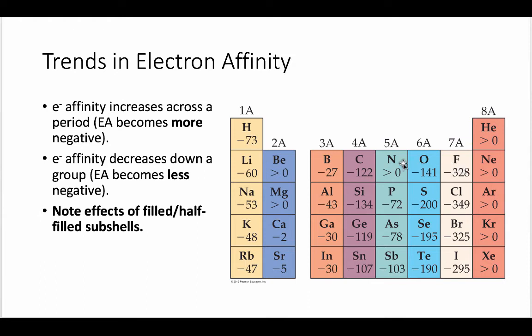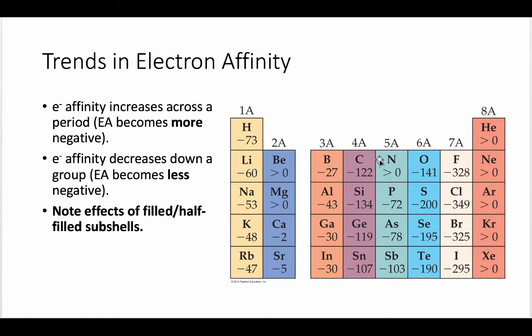Notice, if we look at nitrogen, for example, we have this trend that they're increasing, except nitrogen is actually positive. It's not favorable. And that's because, again, it's an exception to the rule. So we're going to invoke an explanation based on the electron configuration. Nitrogen has the half-filled p sublevel. And that means that when we add an extra electron to it, we're going to have an electron-electron repulsion in that first orbital where we're adding the electron.